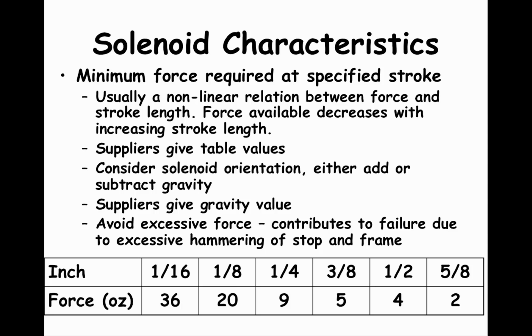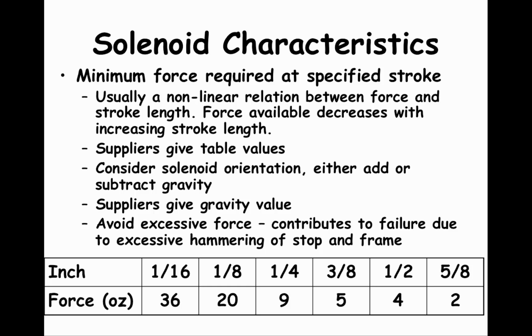As stroke length, or plunger distance traveled, increases, the force available decreases. Suppliers typically give you tables like the one shown in this slide that give the force available for different stroke distances.